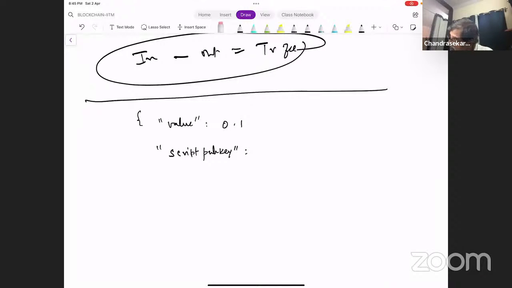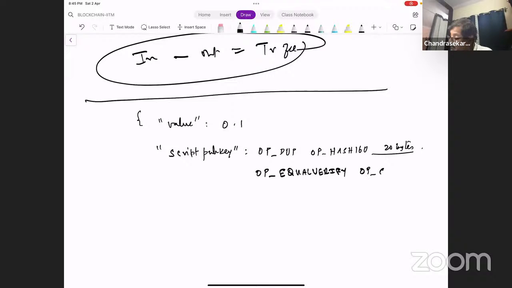OP_DUP, OP_HASH160, followed by 20 bytes, followed by OP_EQUALVERIFY, followed by OP_CHECKSIG.